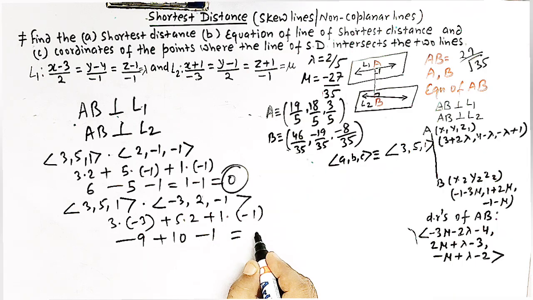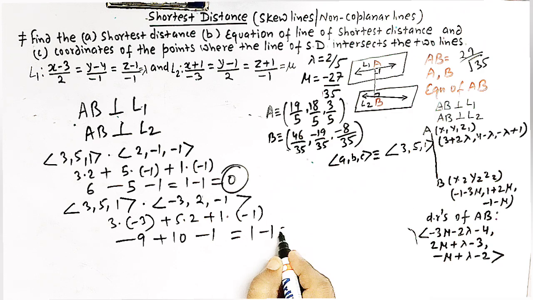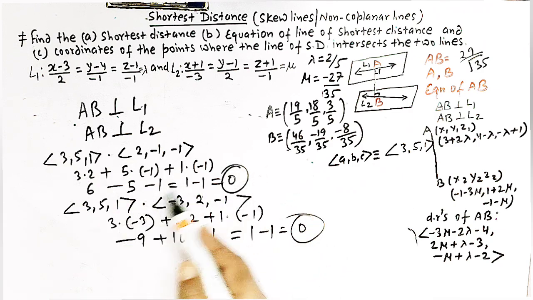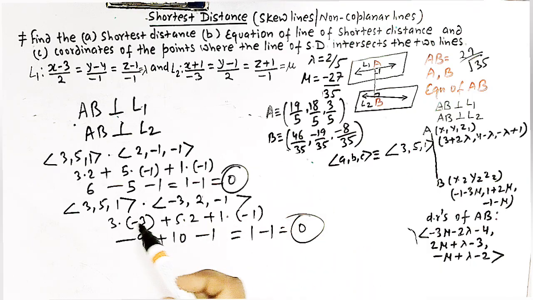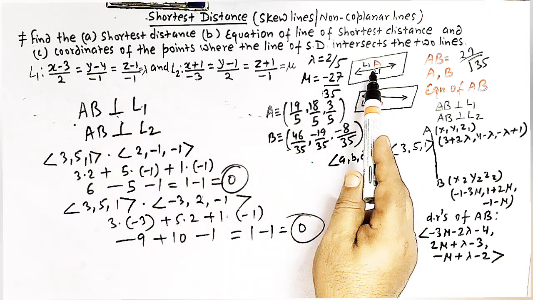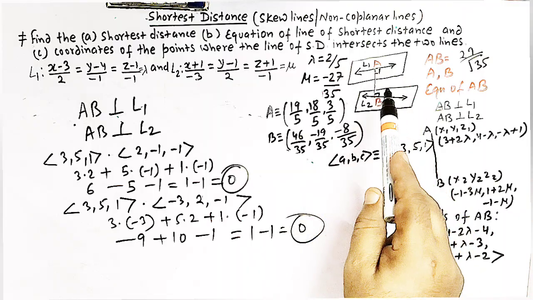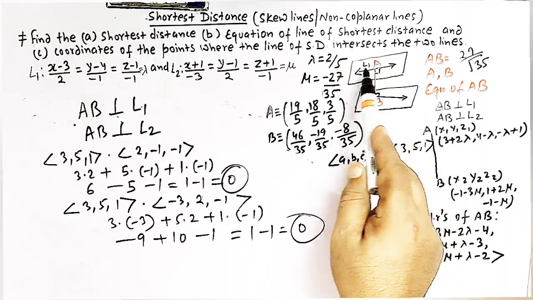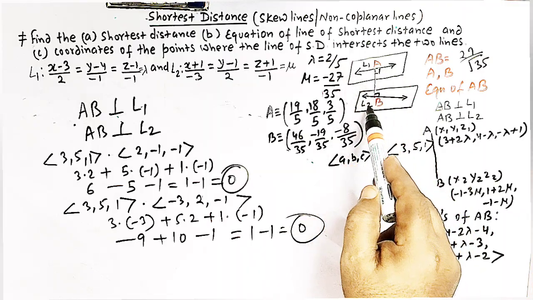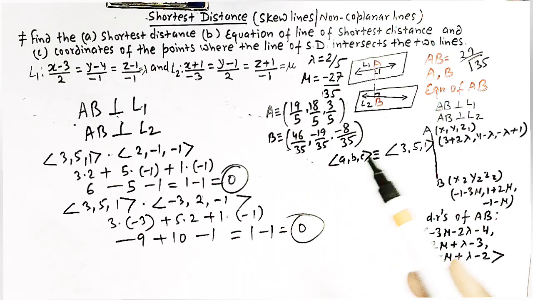So 10 minus 9 is 1, 1 minus 1 is 0, right? So this is how we can verify that the line of shortest distance is always perpendicular to the two lines L1 and L2 lying on different planes.